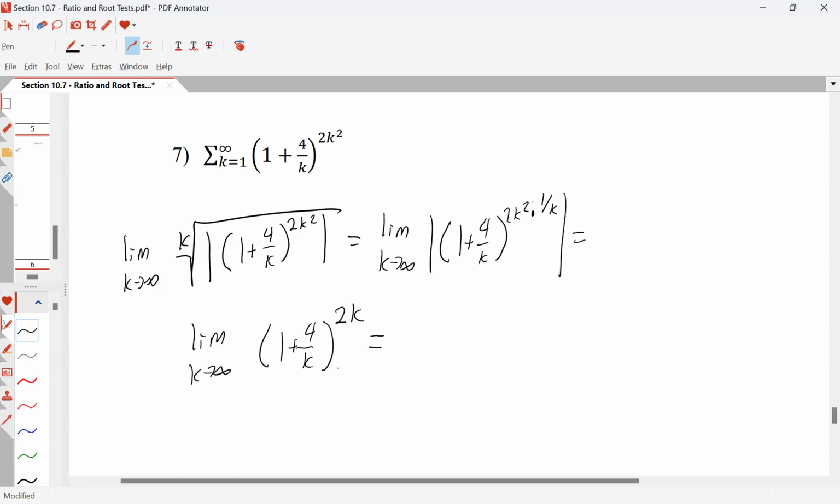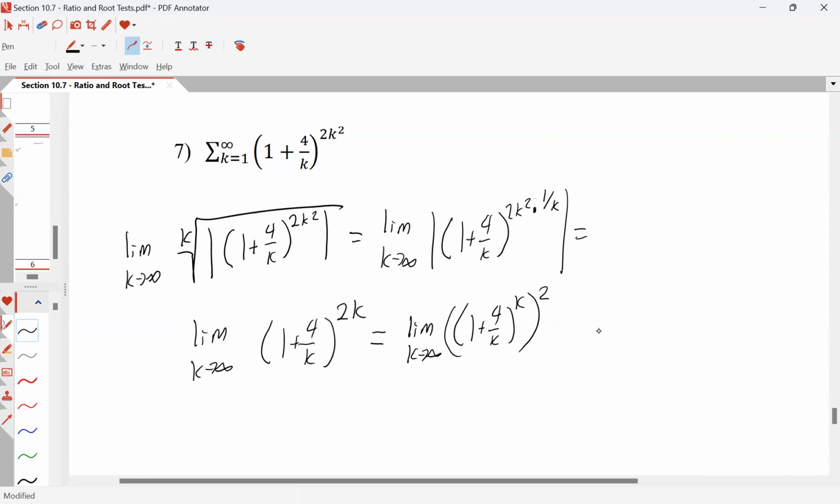And this limit here is also the limit as k goes to infinity of 1 plus 4 over k to the k, all of that squared. And this limit inside that parenthesis, I can move this parenthesis around to the outside.